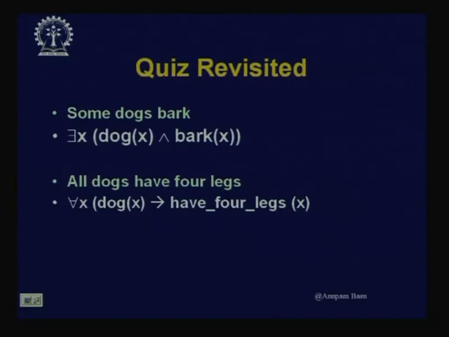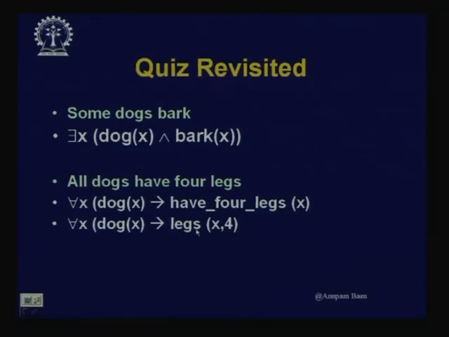Now, there could be another alternative representation to this. In the first one, both these are unary predicates, because have 4 legs is a predicate which has only one variable parameter. Whereas here, for all x, dog x implies legs x 4.